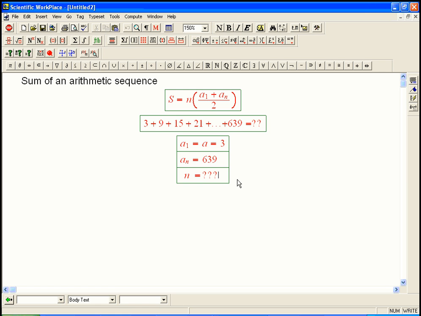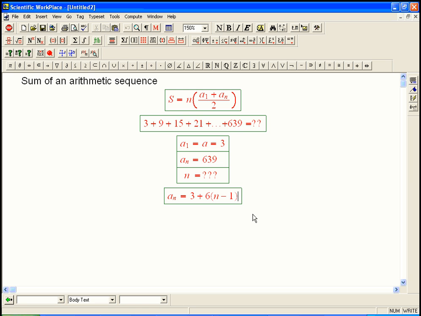Okay, so let's go ahead and put it into a formula, and we'll do a little practice with summation notation at the same time anyway. So we want to write down the formula. That's a sub n equals, okay, it's that 3, the first term, plus n minus 1 times the common difference, and the common difference is 6. Now, it's a number, so I'll put it in front of the variable.